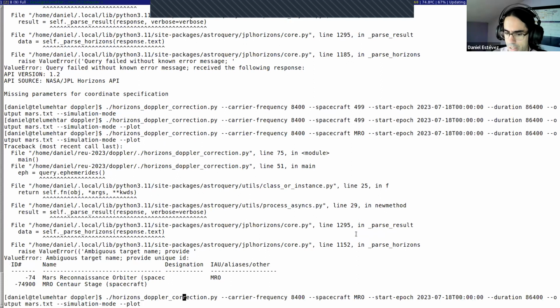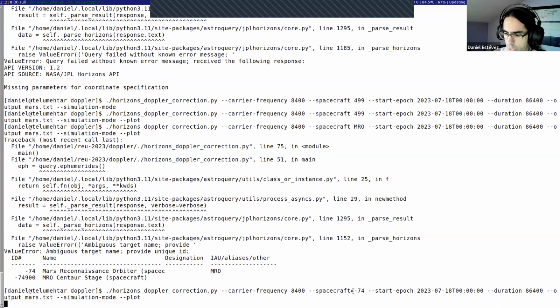So I think I can use -74, and I probably need an equal sign here because of Python weirdness with parameters that start by minus. So, okay, it seems that it's happy with -74. And then when we get the plot, we will see how this looks like.